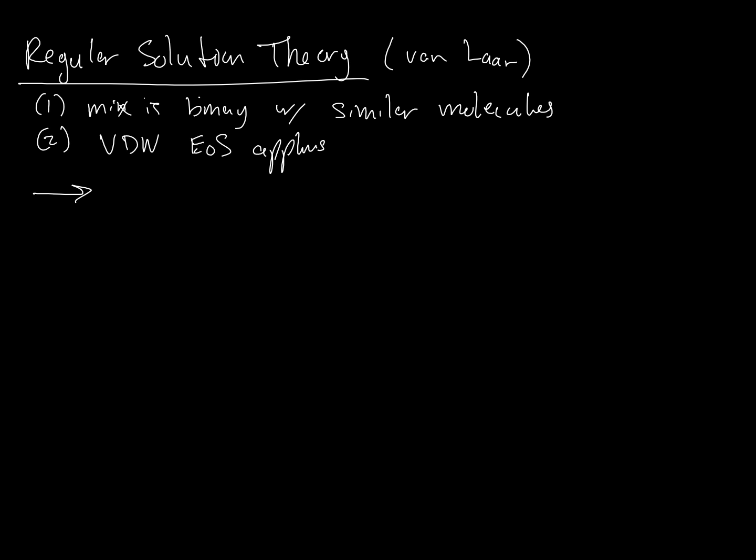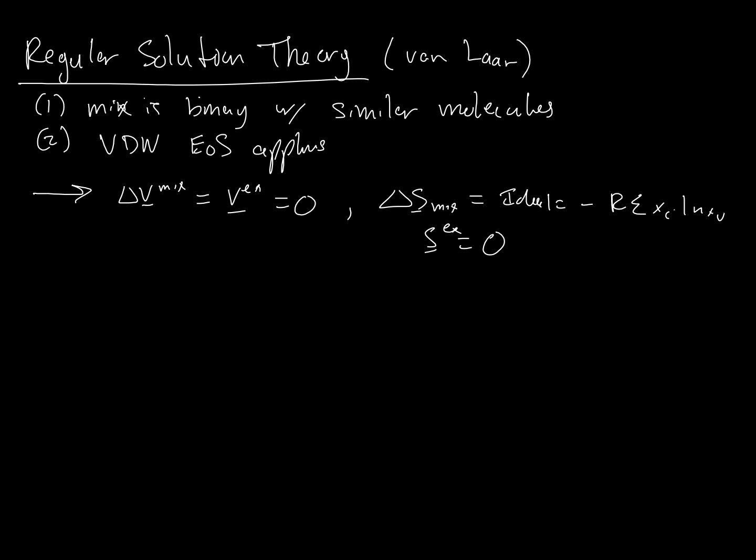So from these two assumptions, we're going to make the mathematical simplifications that the delta V of mixing, which is also the excess volume, is equal to 0, and that the delta S of mixing is ideal, or to put it more conveniently, the excess entropy of mixing is equal to 0.